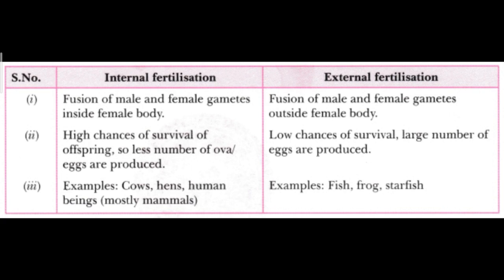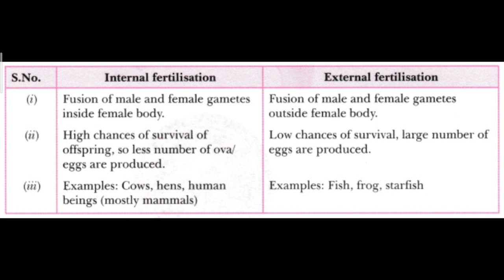So, the difference between internal and external fertilization. Fusion of male and female gametes inside the female body is internal fertilization. Fusion of male and female gametes outside the female body is external fertilization. In internal fertilization, there are high chances of survival of offspring, so fewer ova or eggs are produced.